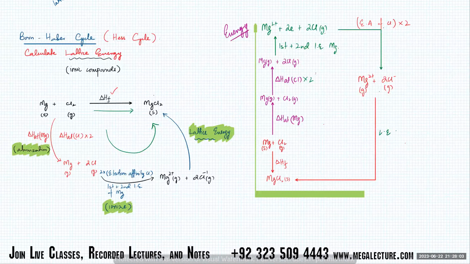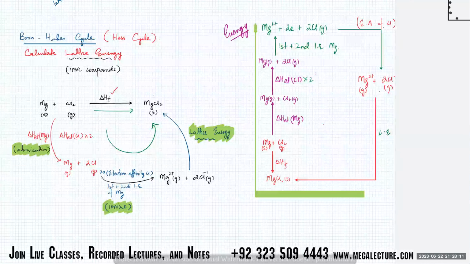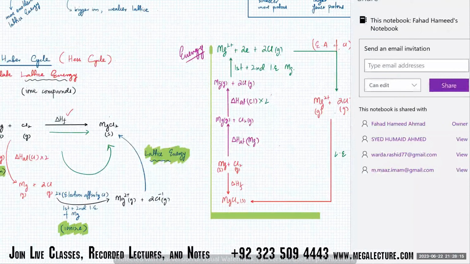Sir, could you send this board link to the group? It says board link. One second, let me see how this is shared. You would have to give me your email. This is OneNote, I think.